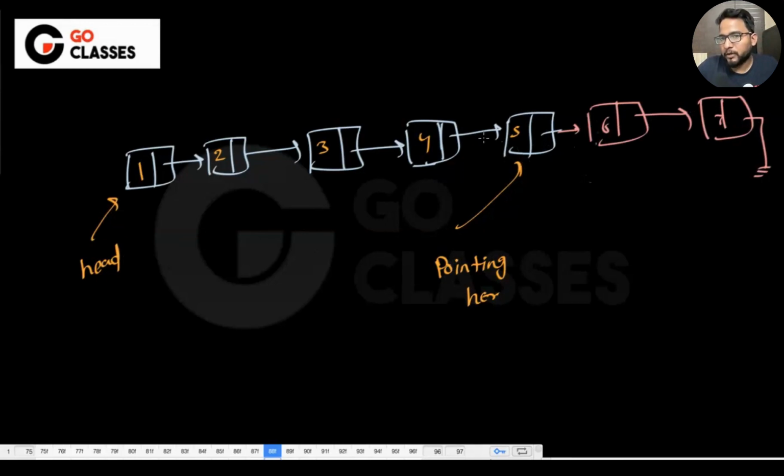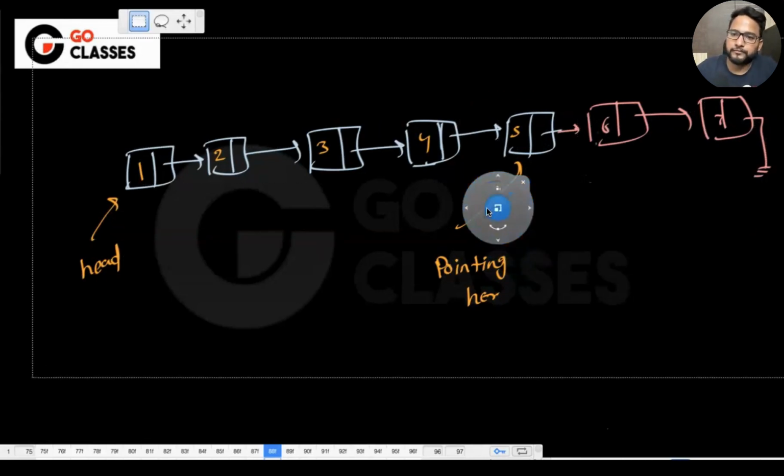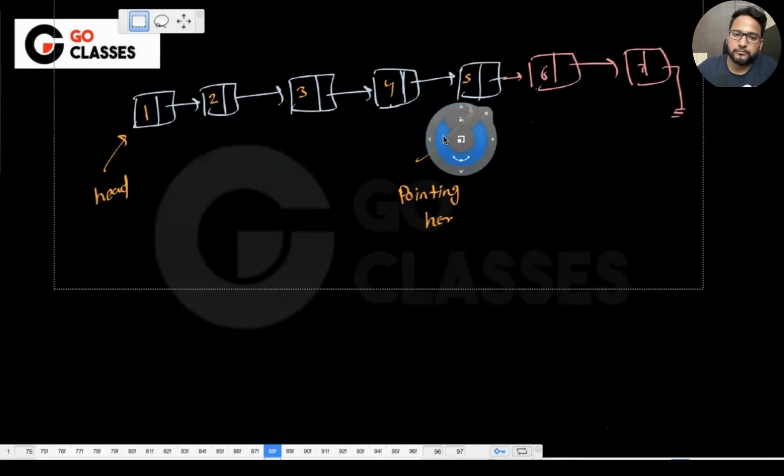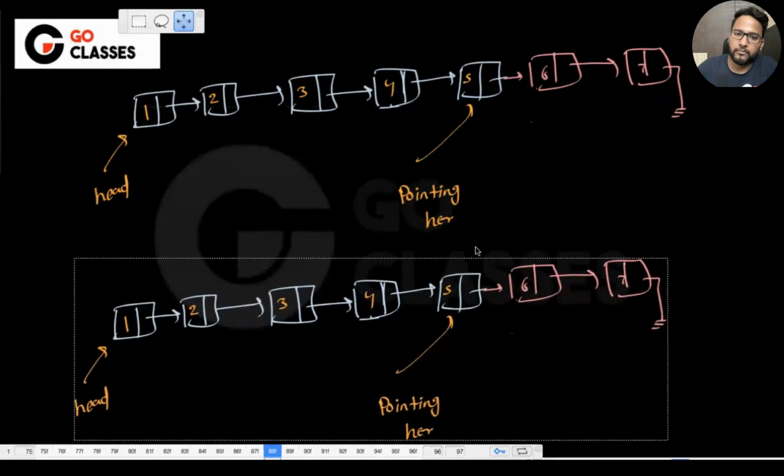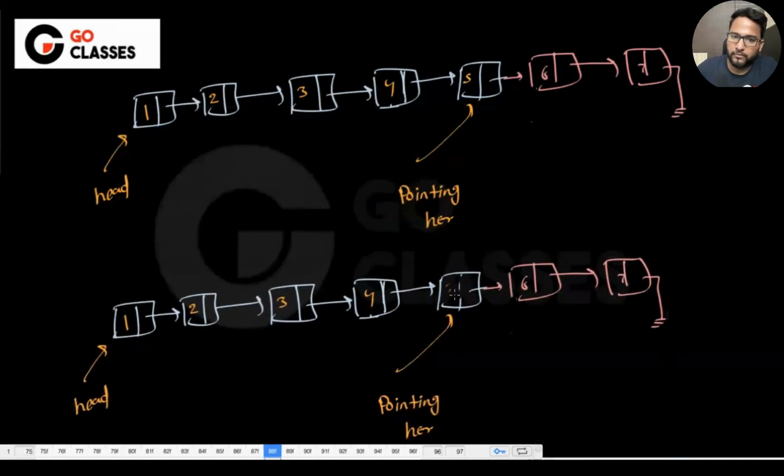By just pointing here, you have to set this 4 to be 6, right? After deletion, it should be looking like this.